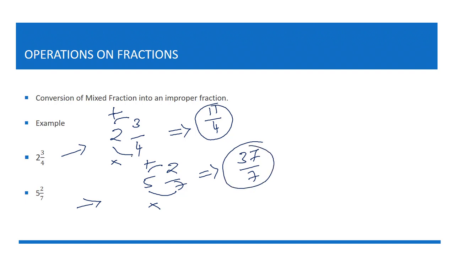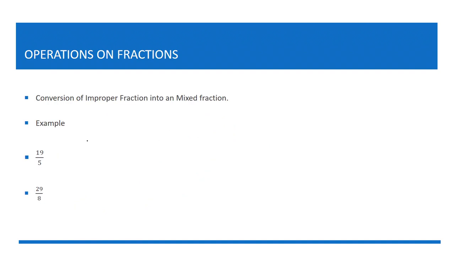Now we are going to learn the conversion of improper into mixed fraction. You learned in the previous slide how to convert mixed to improper, here improper to mixed. For that, you just divide, 19 by 5.